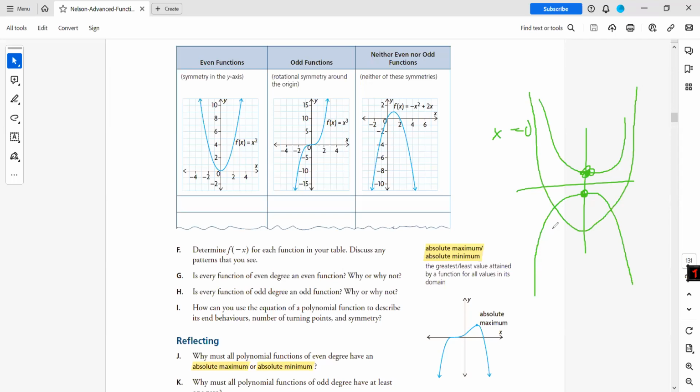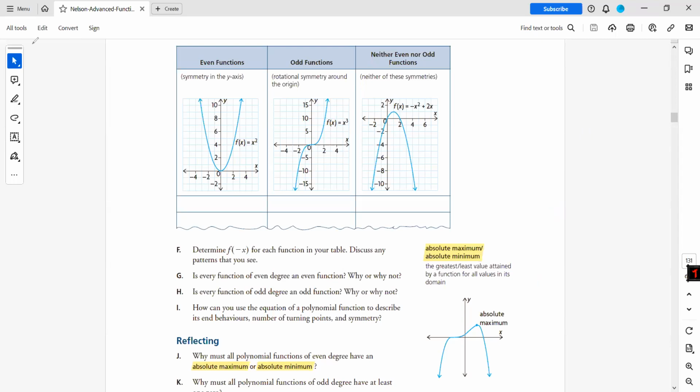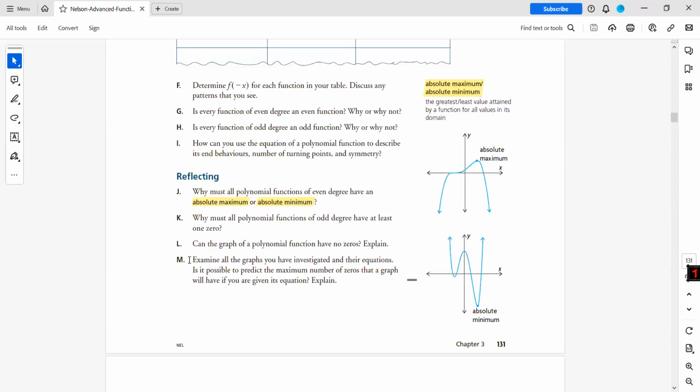Of course, if our graph goes like this or like this, any other way, then it has zeros. But in general, there is a scenario when it may not have zeros. For example, a parabola opens upwards and it is above the x-axis, or opens downwards and it's below the x-axis. What questions do we have?